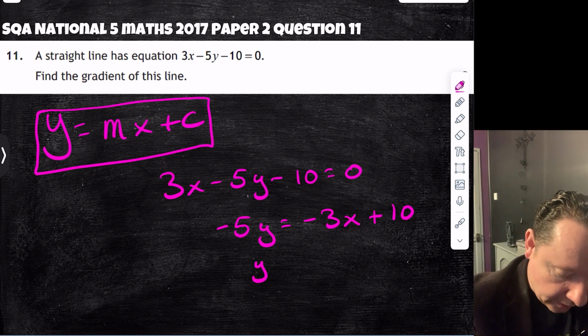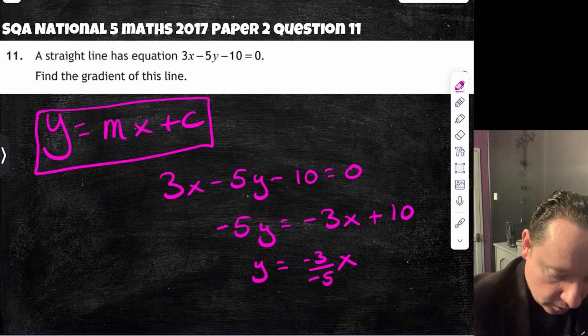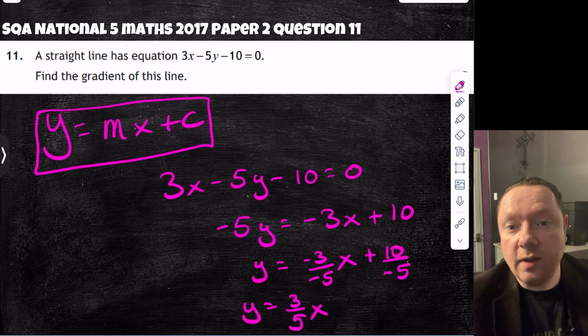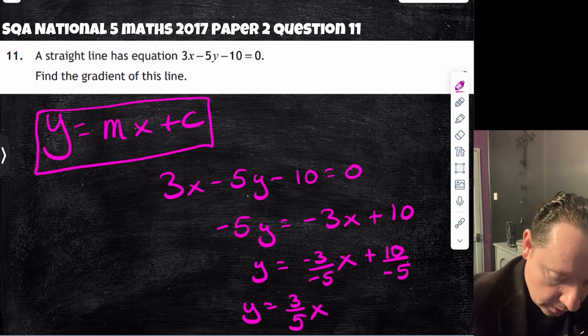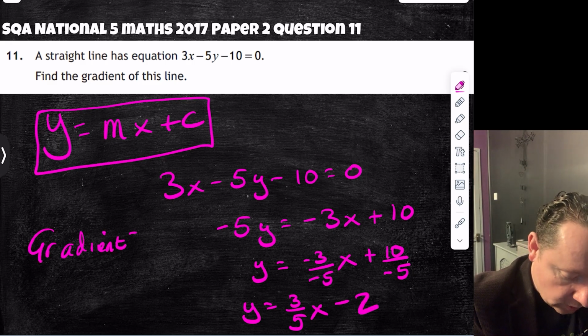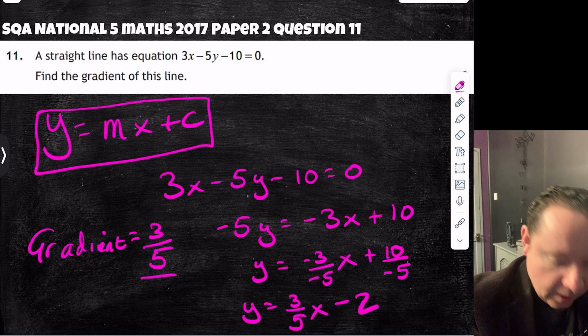So dividing by minus 5, we'll get minus 3 over minus 5x, plus 10 over minus 5. Simplifying that, minus divided by minus is a plus, so I'll just leave that as 3/5 of x. And 10 divided by minus 5 is minus 2. So I now know that my gradient, to answer the question, equals simply 3/5, and we're done there.